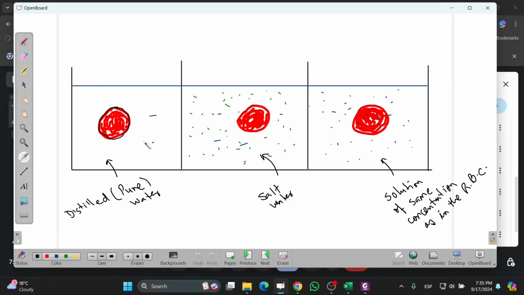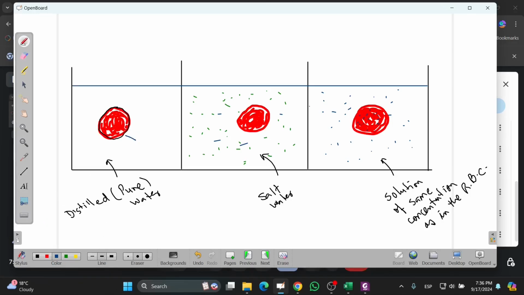So what will happen here, guys? What do you think will happen in the first case? We have pure water outside, we have a cell membrane, and we have a solution inside the cell that we call the cytoplasm. Will the water move into the cell, out of the cell, or not move at all? I say it would move inside the cell. Yes, it will move inside the cell.